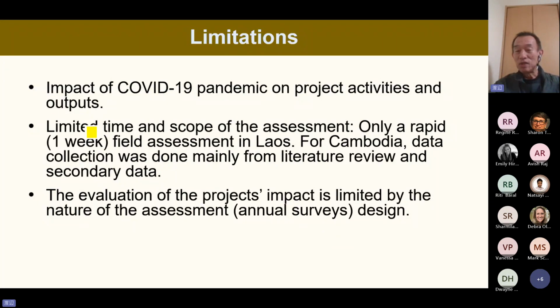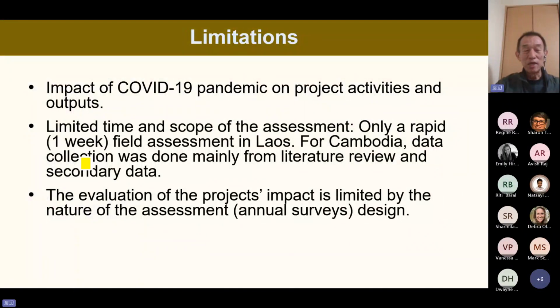Most of the impact verification was based on the annual surveys that were carried out in the 2 countries every year. This is very good, comprehensive data collection, but it was only done at baseline and at the end of the first year, second year, and third year.